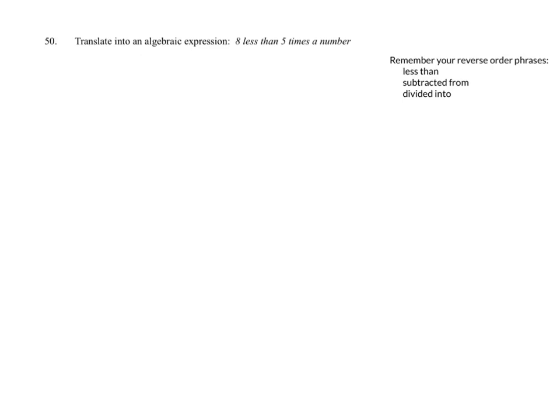So if we translate 8 less than 5 times a number, less than means subtract, but it is also a reverse order phrase, which means I don't want 8 minus, I want something minus 8. That something minus 8 is going to be 5 times a number. So we get 5 times, we don't know what number, it is an unknown, it is a variable.